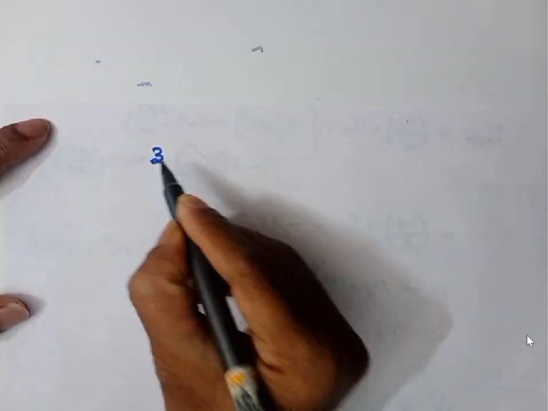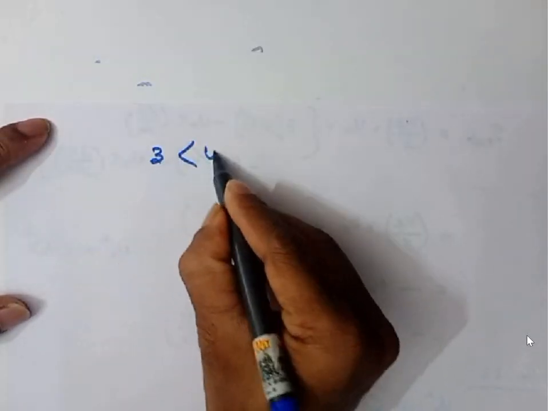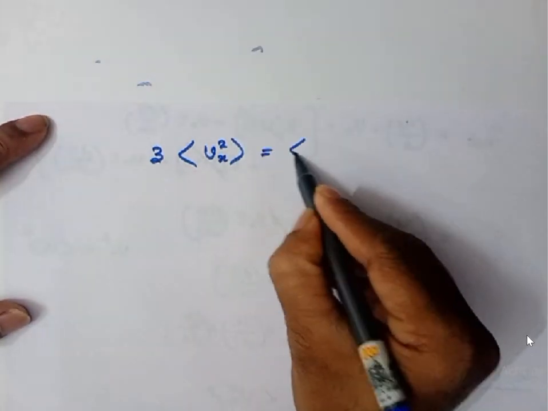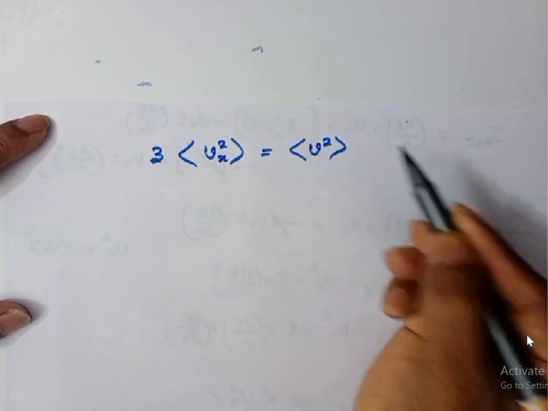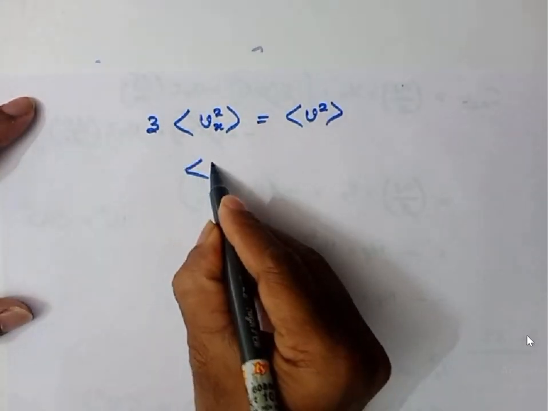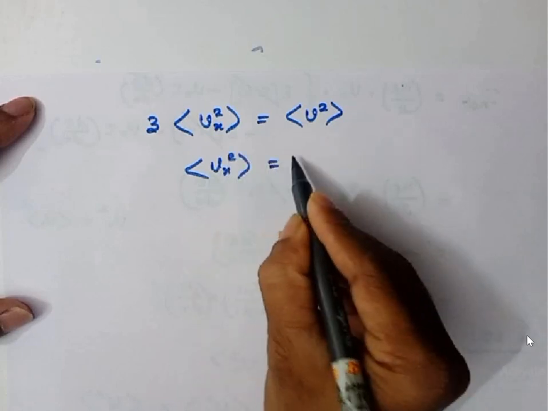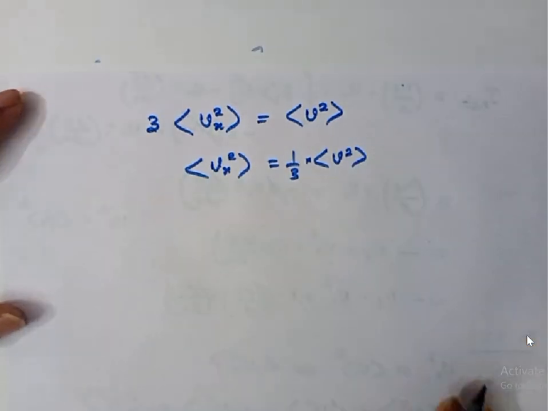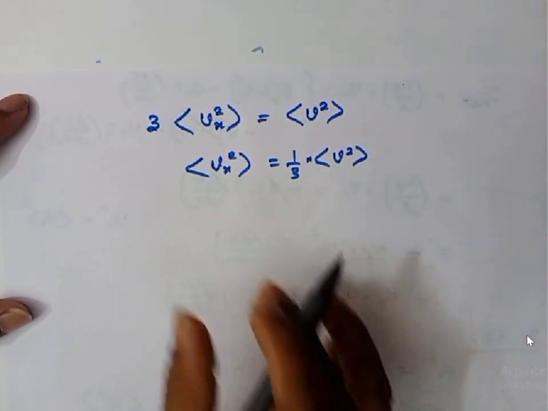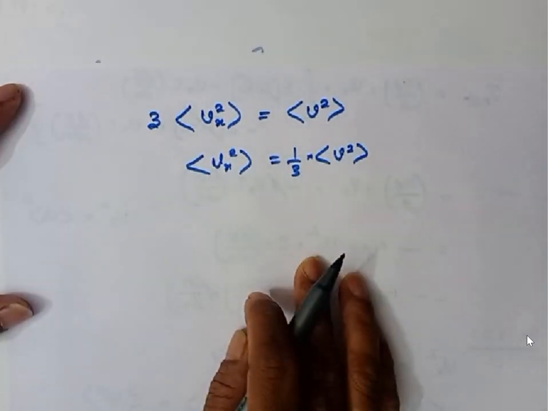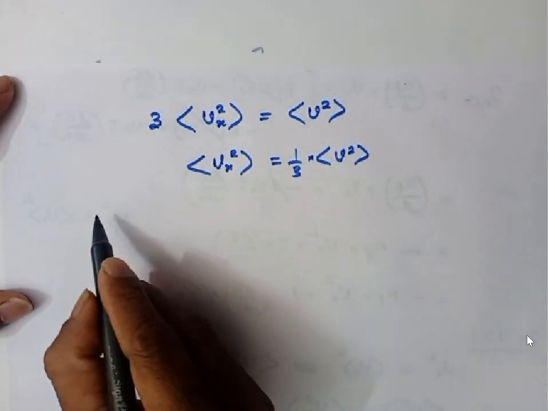Let me write in the next page. So 3 times the average of the x component of square velocity equals the average of the square velocity. We get an expression like this. Then what is Vx square? Equal to 1 by 3 times the average of the square velocity. So this is the expression for Vx square. Now I'll put this expression in the net heat flux expression.